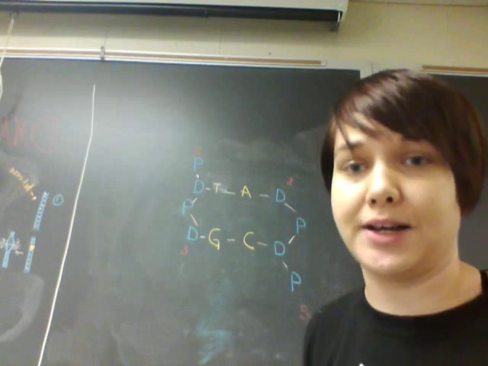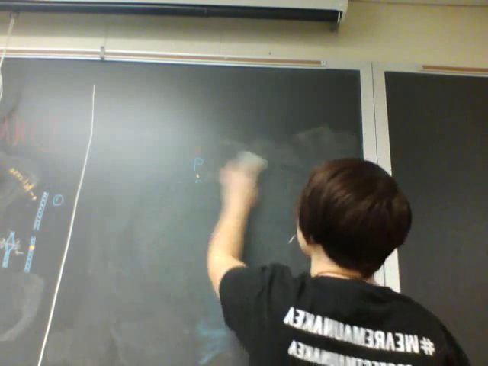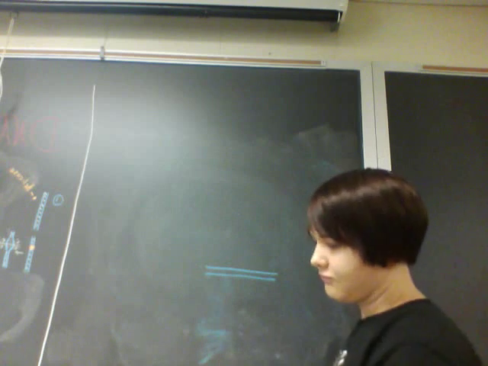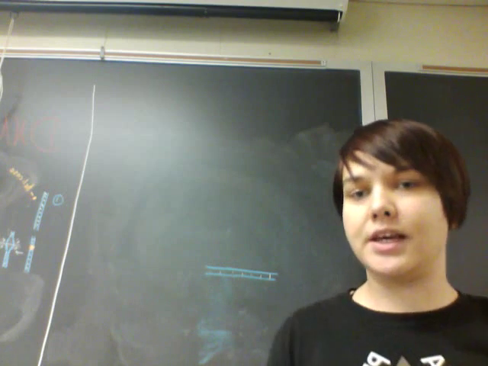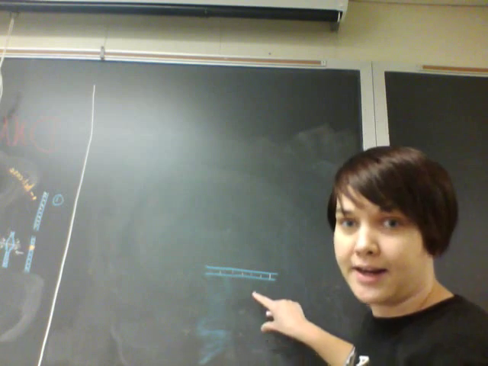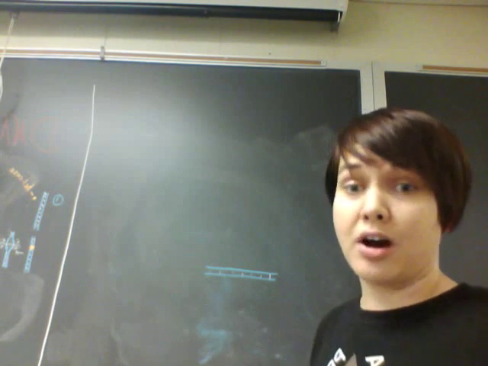So now that we know the ends and the basic structure of DNA, we're going to jump right into DNA replication. We're going to start out with our DNA strand. Very, very crude, but this is our DNA strand. What happens next is a helicase comes in and says, here's some DNA that needs to be separated and copied.